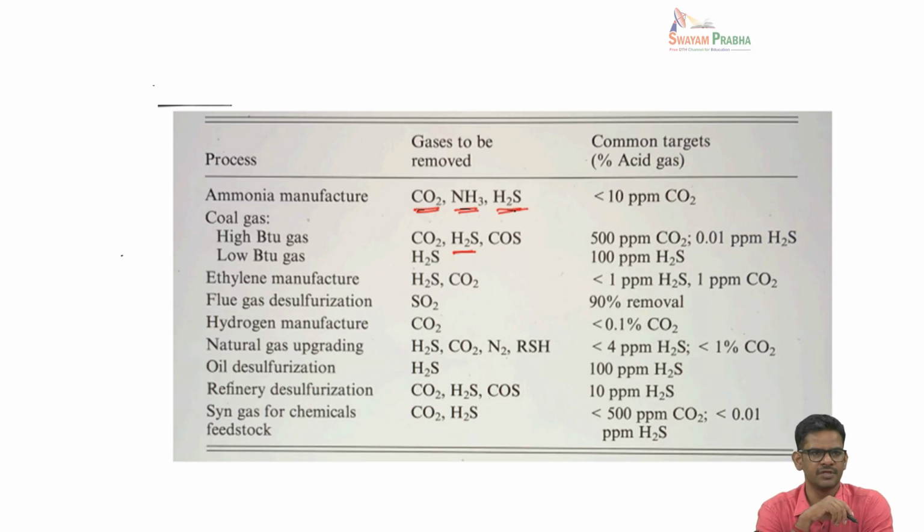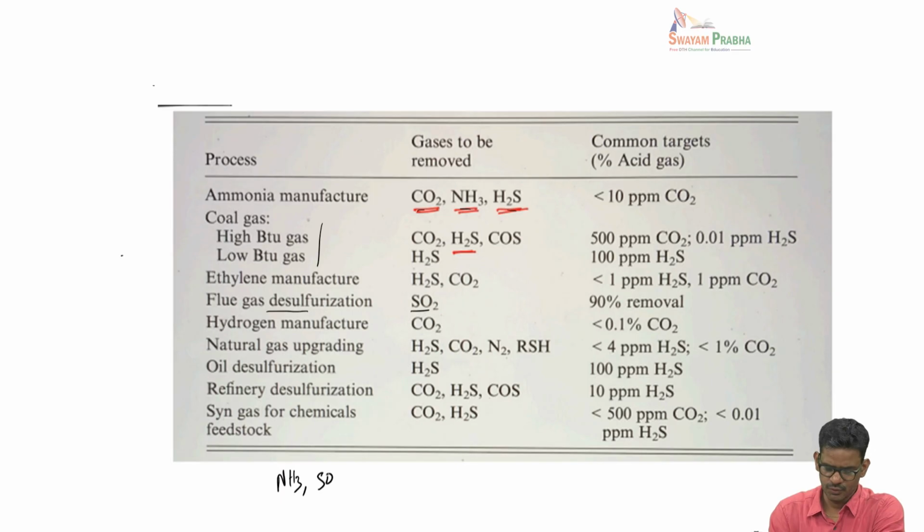So these are some of the polluting gases that we want to remove before the effluent gas is actually discharged to the environment. And if you look at coal gases, high bitumen or low bitumen gases, again we have carbon dioxide, H2S, and in the case of desulfurization we have SO2.